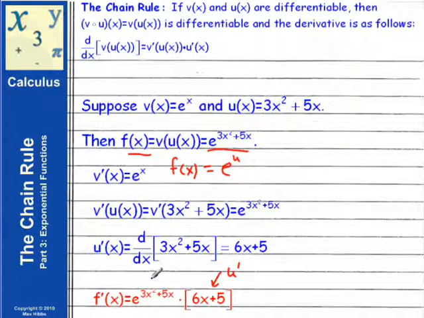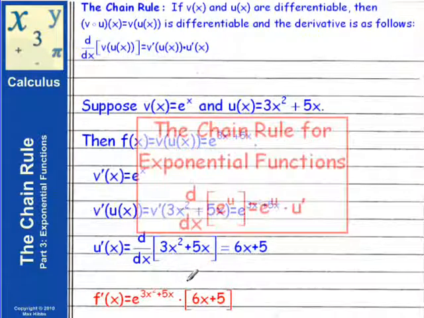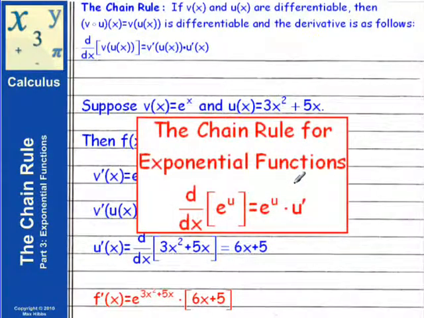And the derivative then is e to that same power times the derivative of the power. I have that formalized here in this next slide. It says that very well and concisely. The derivative of e to a power is equal to e to the same power times the derivative of the power. So let's use this information to do an example.